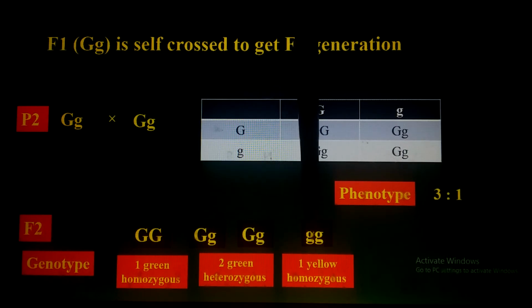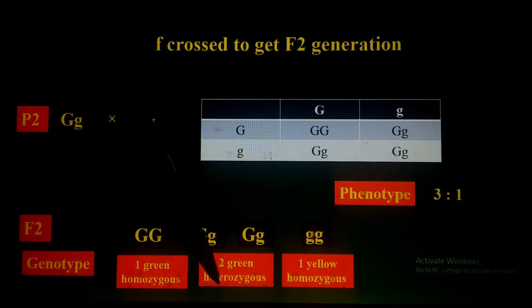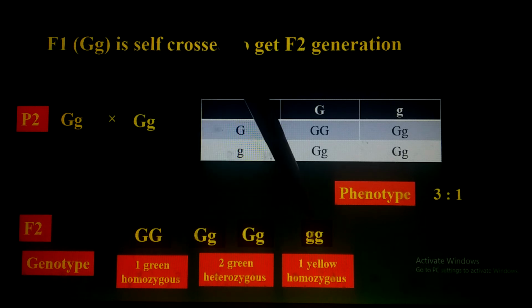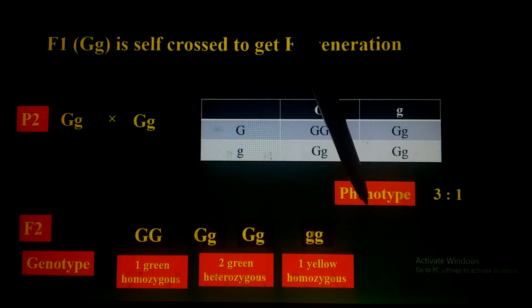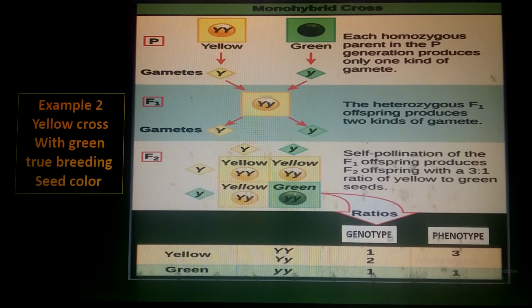Phenotypically, when you observe, there are three green and one yellow. But genotypically, how many? One homozygous dominant, two heterozygous green, and one homozygous recessive. So the phenotype ratio is 3:1, and the genotype ratio is 1:2:1. Is it clear? Okay, very interesting.